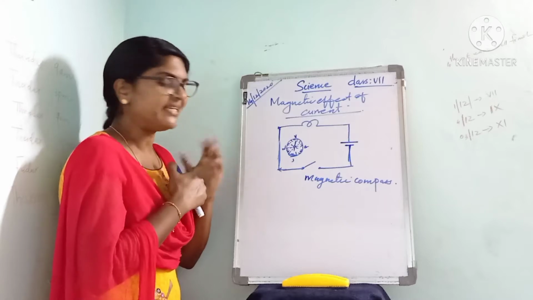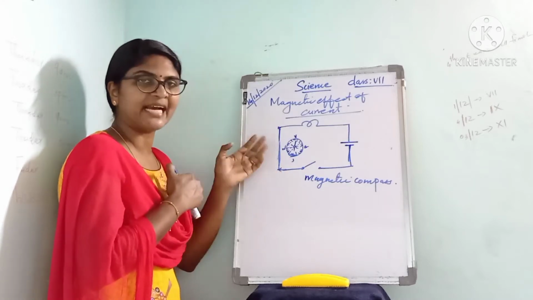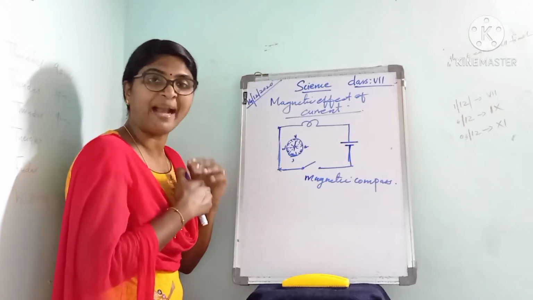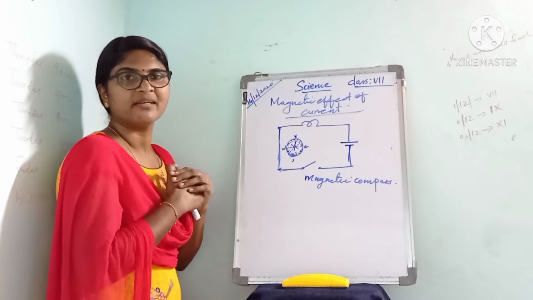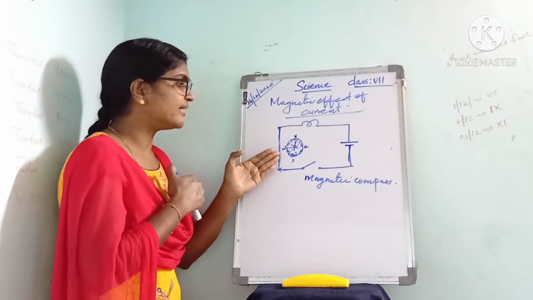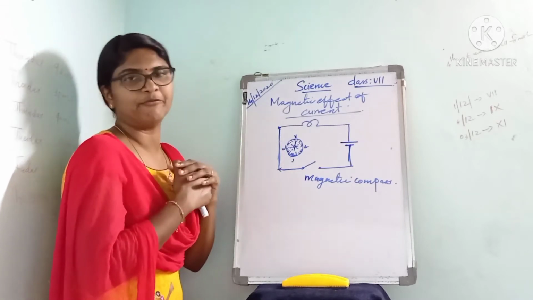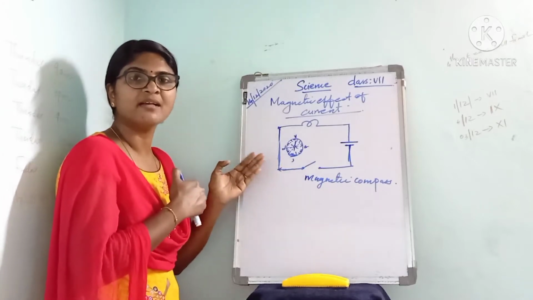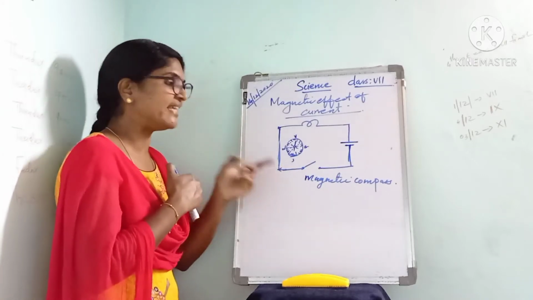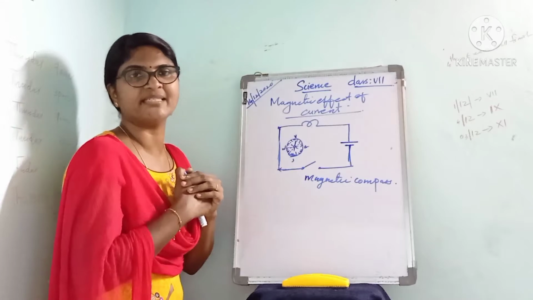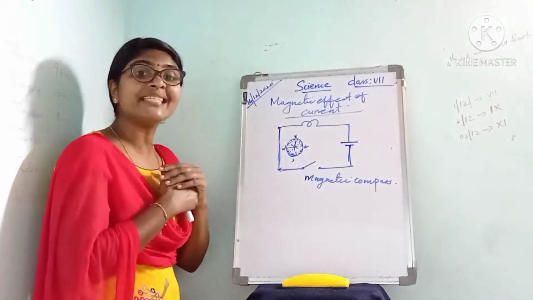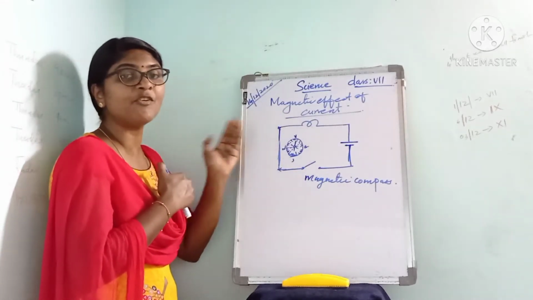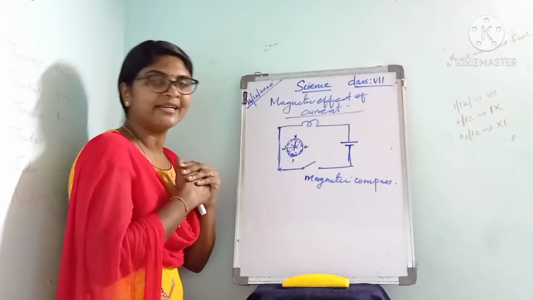The metallic wire behaves like a magnet when electricity passes through it. This is called the magnetic effect of current.